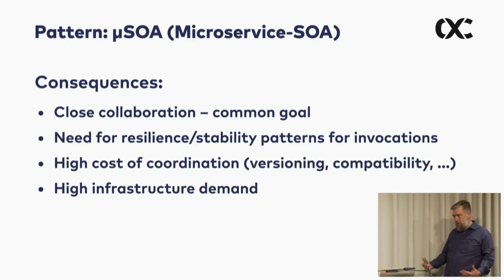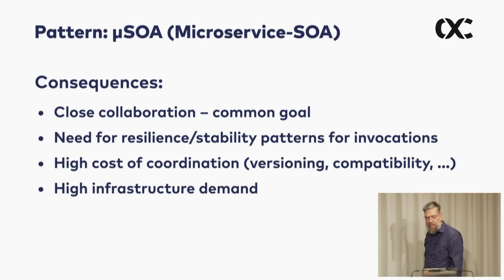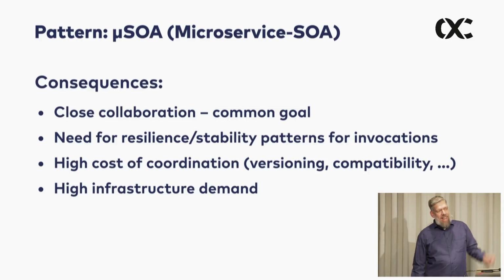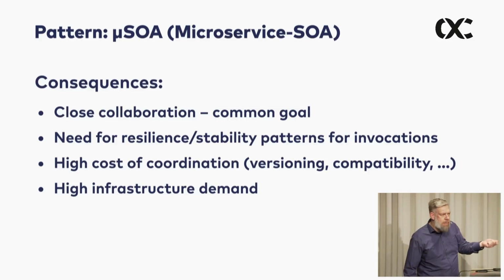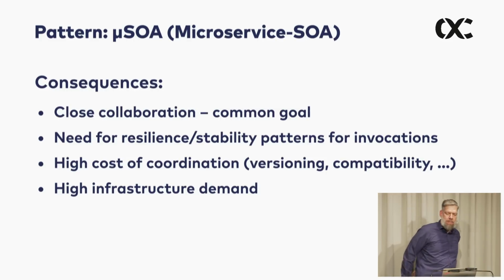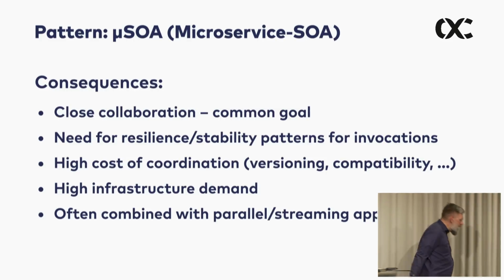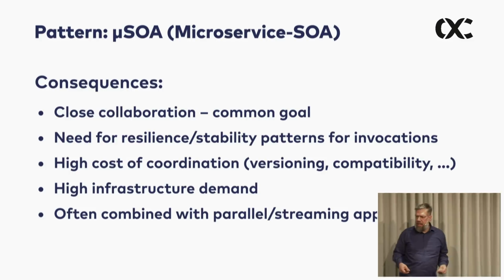You really have to have a very, very cool environment to be able to do that. And if you're in the business of building very cool environments, that's a very satisfying proposition. It's often combined with all this parallel and streaming kind of stuff.